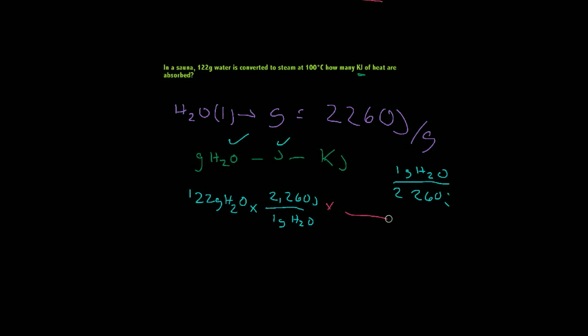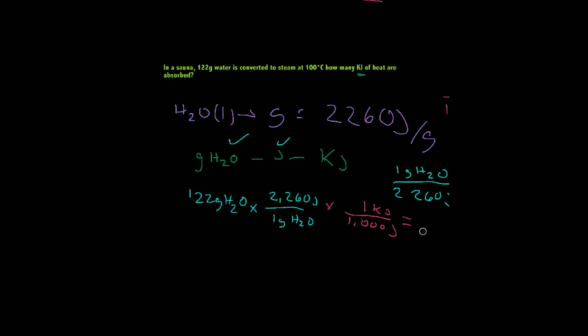So I know that for every 1 kilojoule I have, because kilo means 1,000, right? 1,000 joules. And that's all that really means. So I know for every 1,000 joules, I have 1 kilojoule.